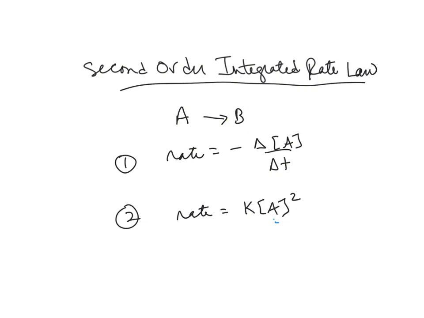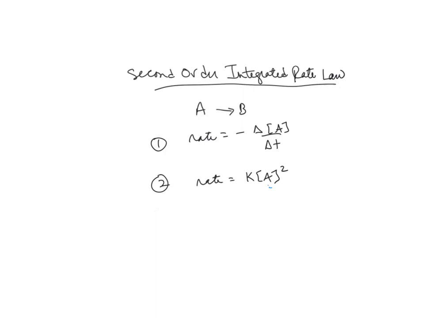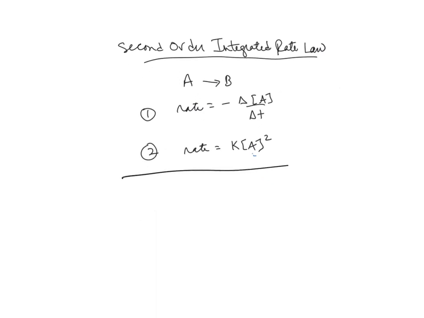Okay, so there's two ways to write rate, and if we want to do a little calculus on it, we will equate them. So I'm going to combine them, and just put the negative on the other side.